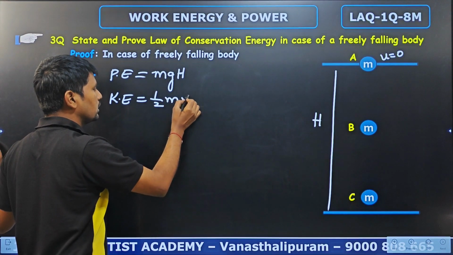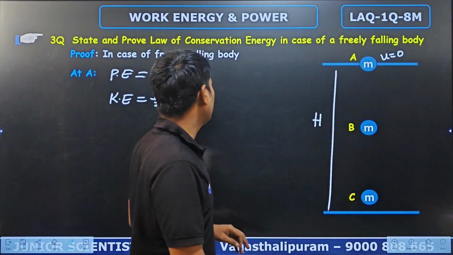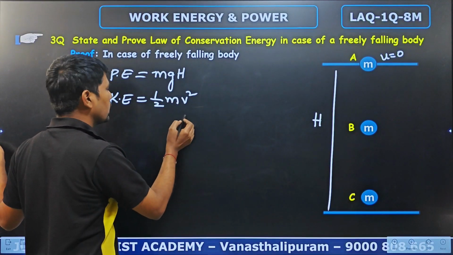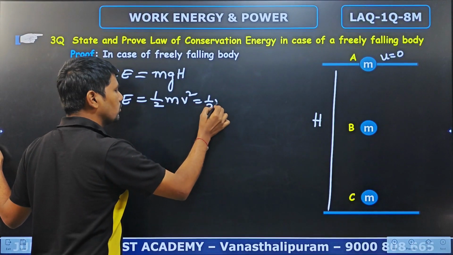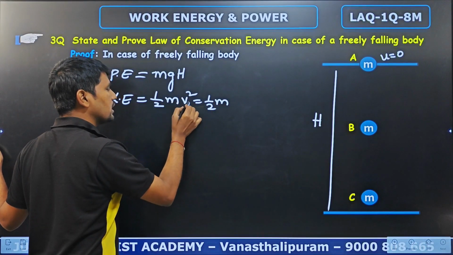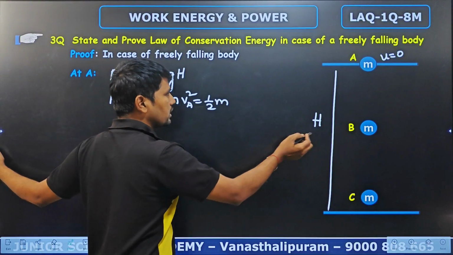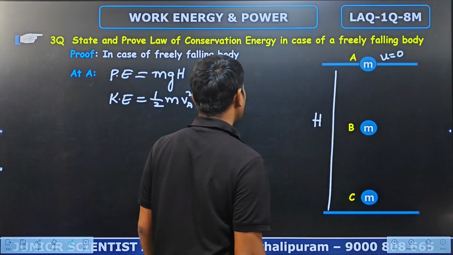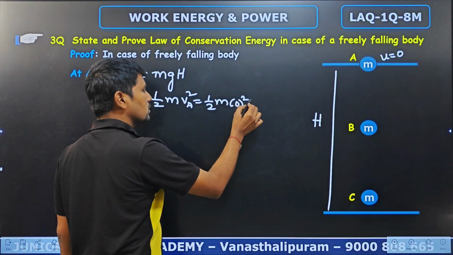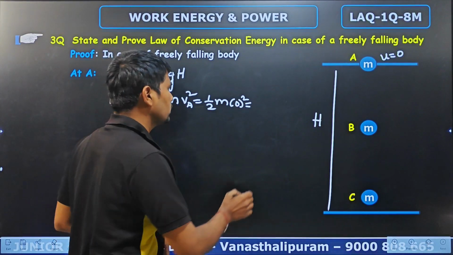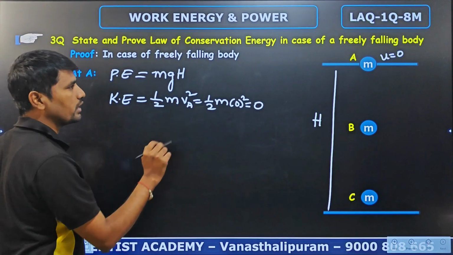But here the velocity is the initial velocity, the body is at rest, so we have to take it as 0. Velocity at a, initial velocity, is 0. So 0 square, finally 0 into anything is 0. So we got total kinetic energy is 0 at point a.